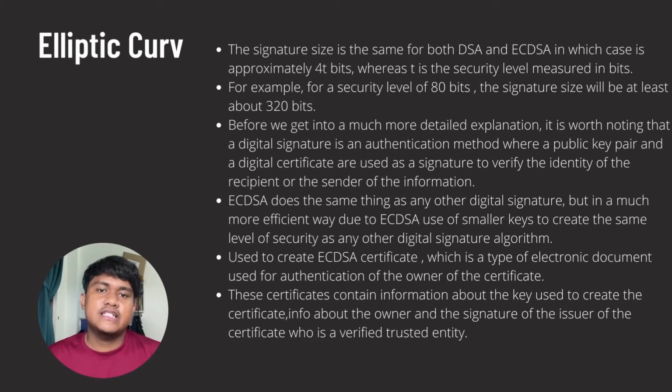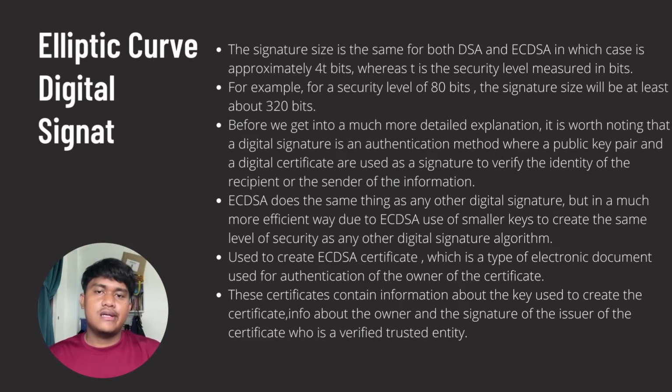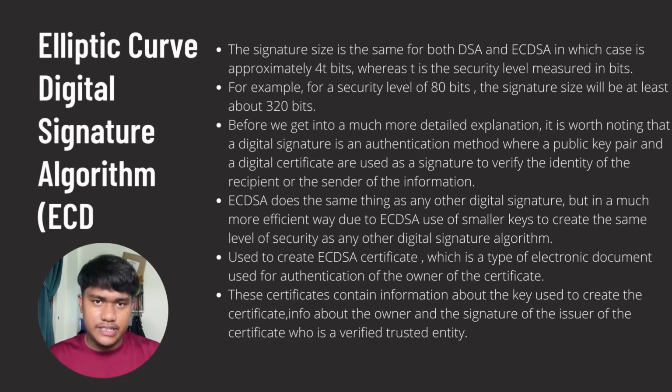The signature size is the same for both DSA and ECDSA, which is approximately four times the security level in bits. For example, for a security level of 80 bits, the signature size will be at least about 320 bits.